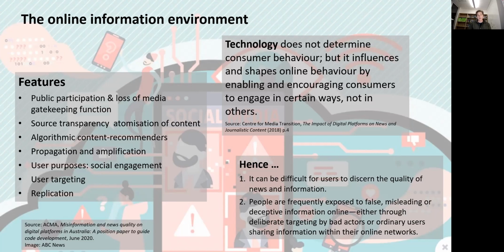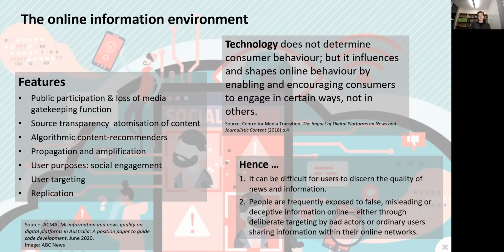But what we see here is that there are certain, what's called in the research context, affordances of digital platforms. And affordances means what these online environments enable users to do. Okay, what it affords them, what possibilities does it afford them? In this sense, we might say that technology doesn't determine consumer behavior, but it influences and shapes online behavior by enabling and encouraging consumers to engage in certain ways and not in others.